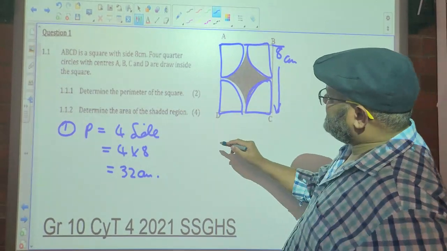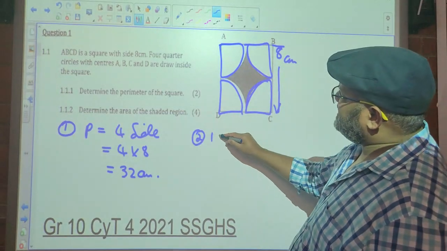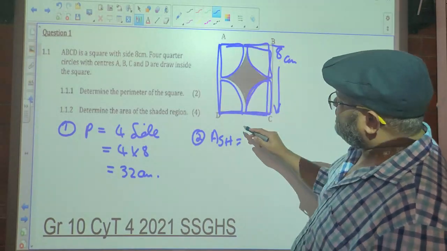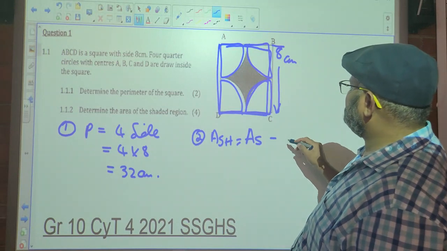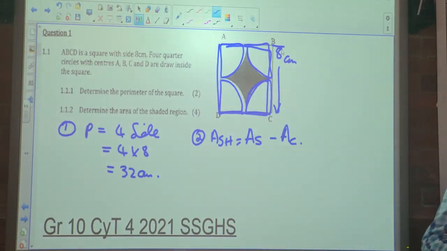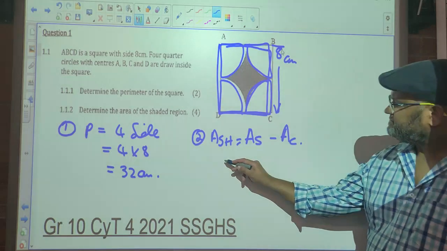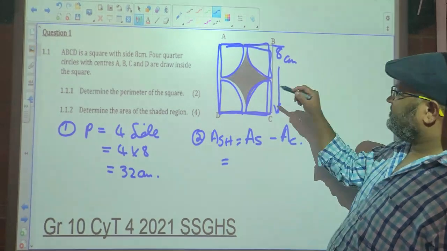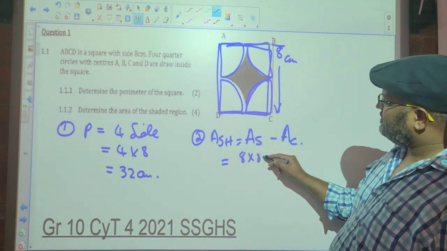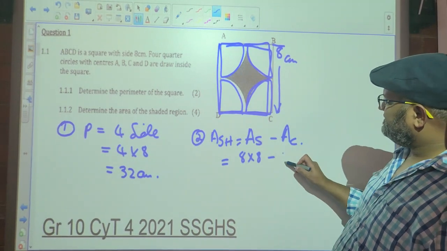So in other words, the shaded area is simply going to be the area of the square minus the area of the circle for 4 quarter circles. How do you calculate the area of a square? Side times side, so it's 8 by 8, which is 64. Minus the area of a circle?